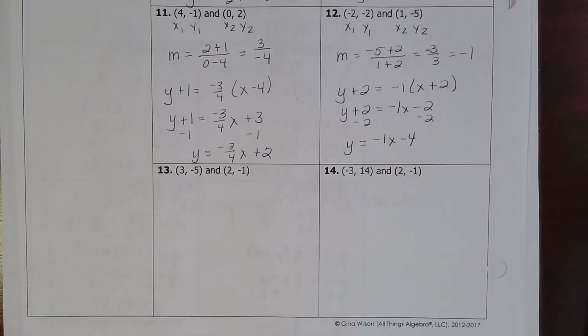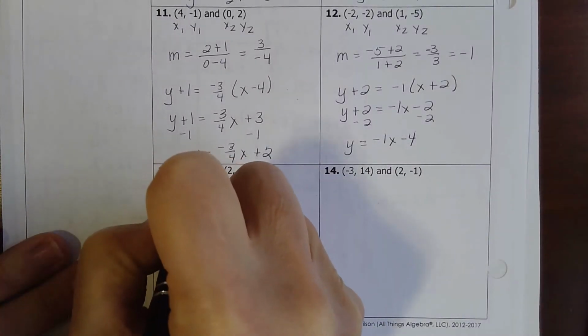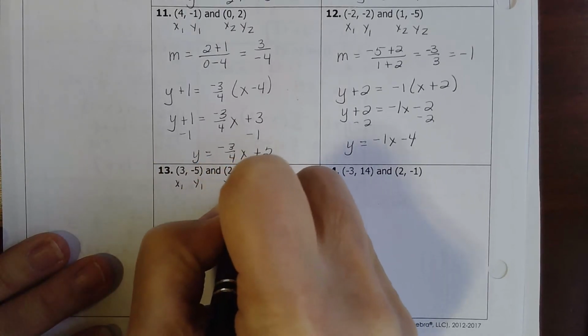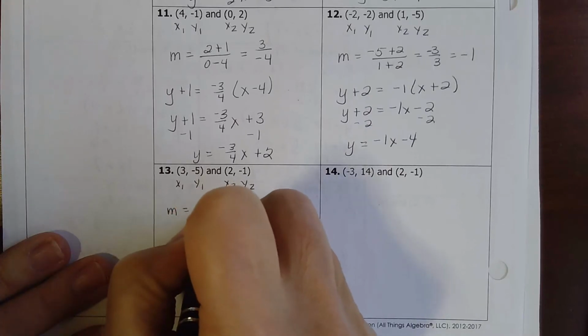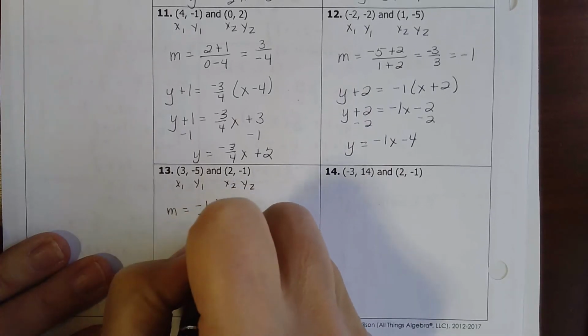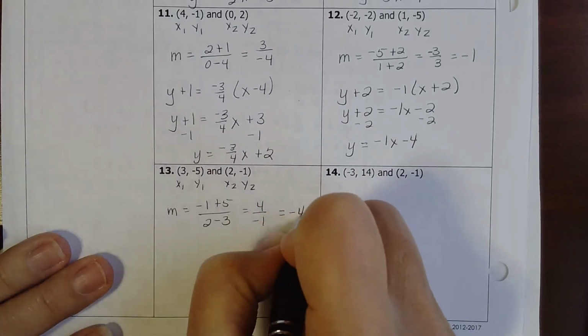All right, number 13. Last two. x1, y1, x2, y2. So the slope is negative 1 plus 5 over 2 minus 3. 4 over negative 1 turns to negative 4.